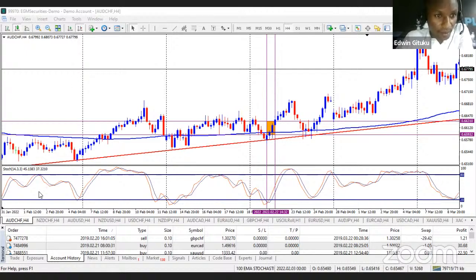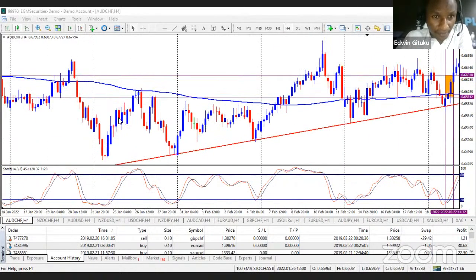So the first one was on Aussie Swiss franc. If you look at Aussie Swiss franc, from the 21st of January, it has progressively been on an upward move.